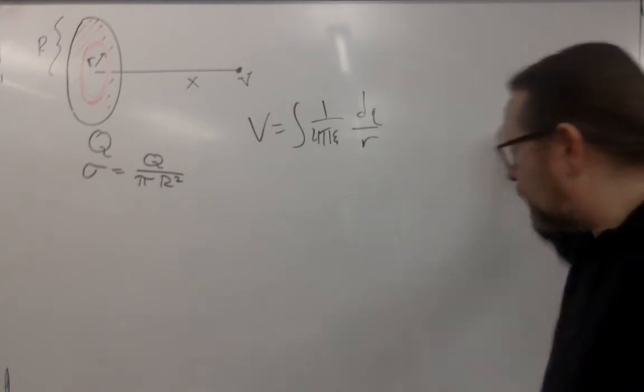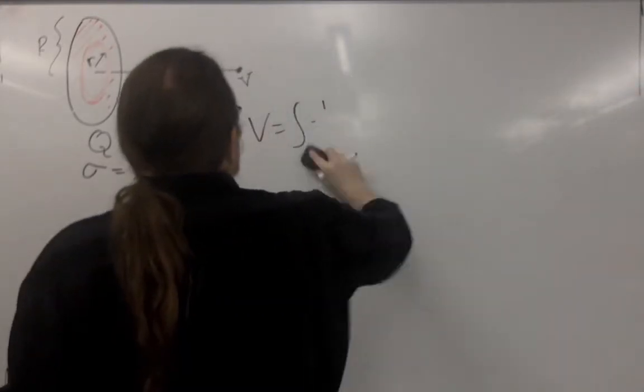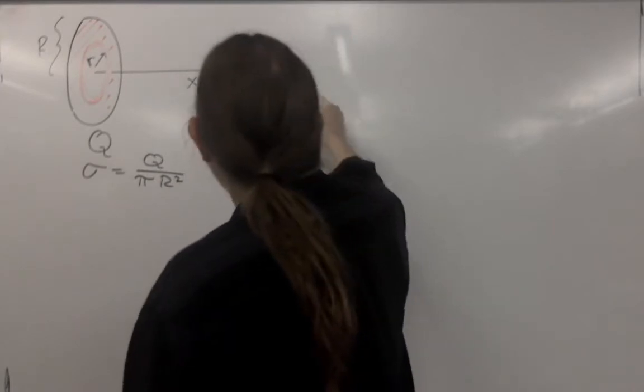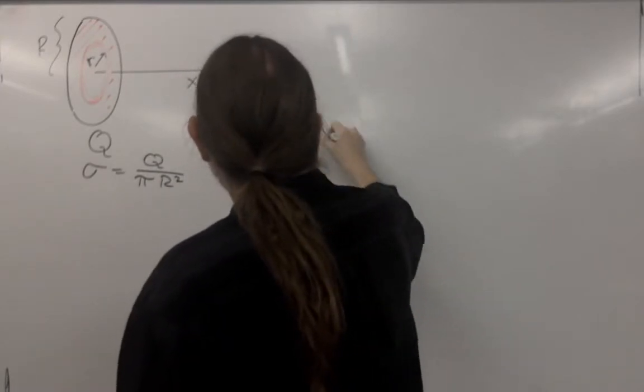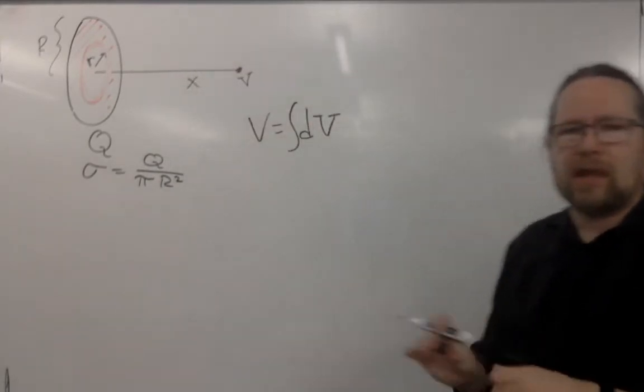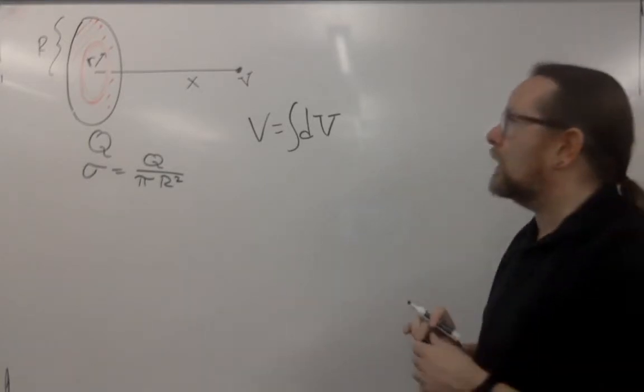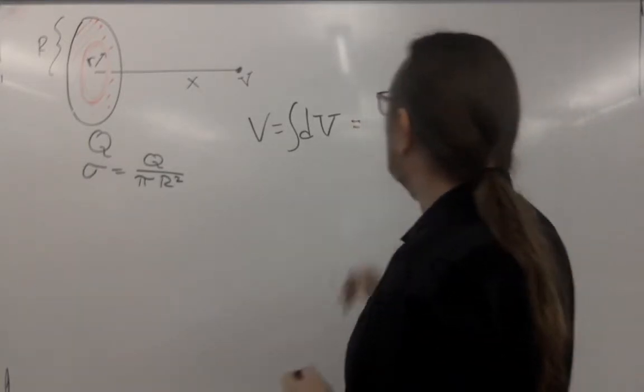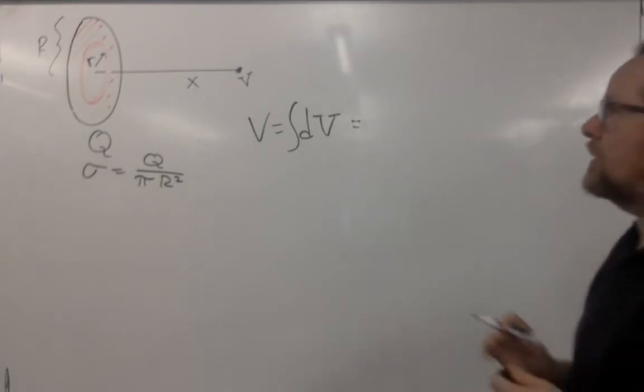But it's much easier just to say that the potential is equal to the integral of dV, where the contributors to the potential are just these infinitesimal rings, and we just found the expression for the potential of a ring.